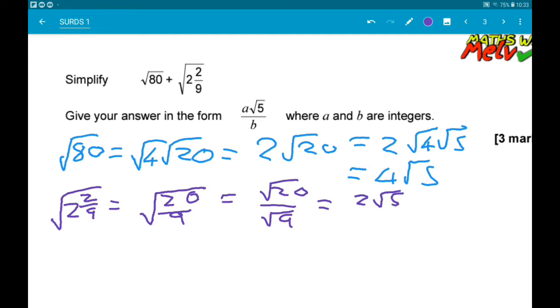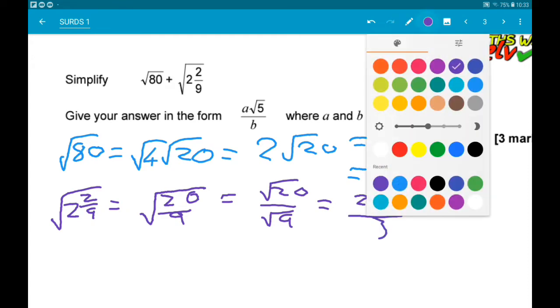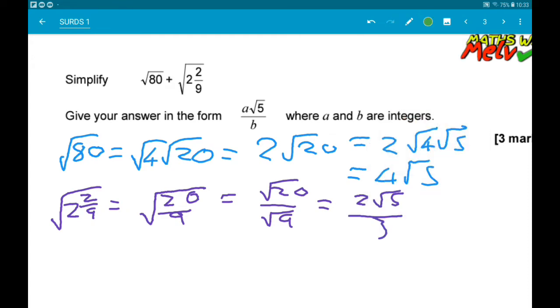And root 9 is 3. So we now have 4 root 5 add 2 root 5 over 3.